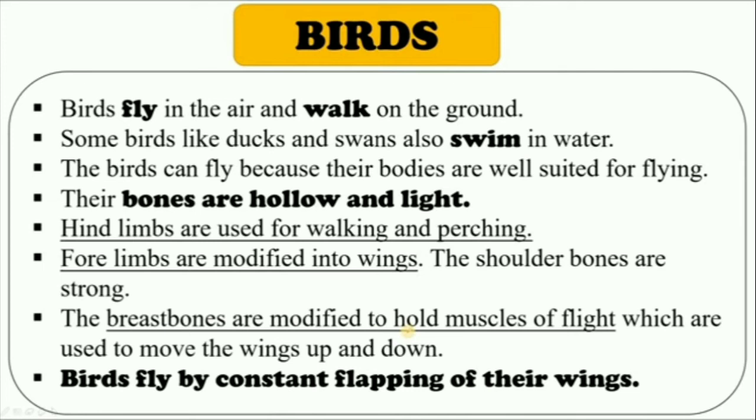Hind limbs are used for walking and perching. Forelimbs are modified into wings. The shoulder bones are strong. The breastbones are modified to hold muscles of flight which are used to move the wings up and down. Birds fly by constant flapping of their wings.